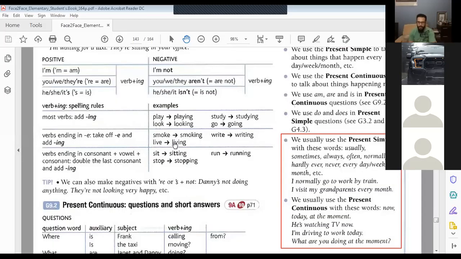Can you read the first point, please? Here we usually use. Can you read this? Can you see it? We usually use.